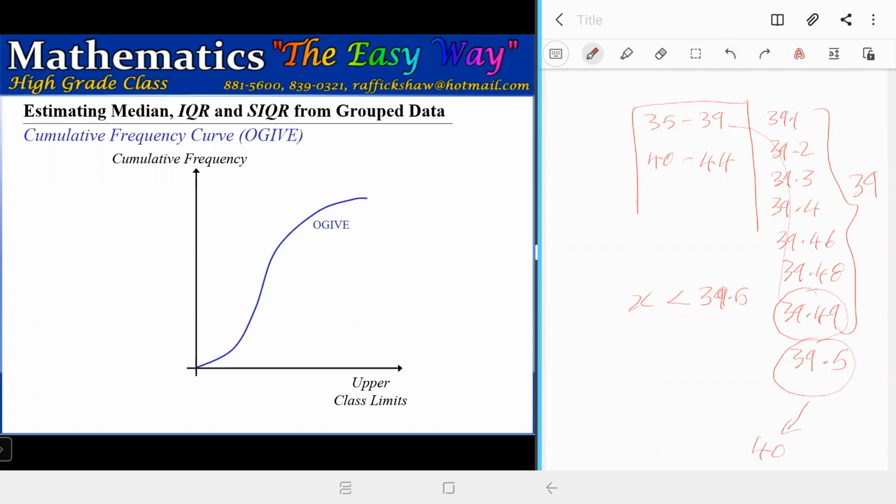But once it reaches 39.5 here, it's gone into the second group. See that? And that is why for a value to fit in the first group, it has to be less than 39.5. That's why that is the boundary. You understand that now? Why it's up to 39.5, but we say less than 39.5.